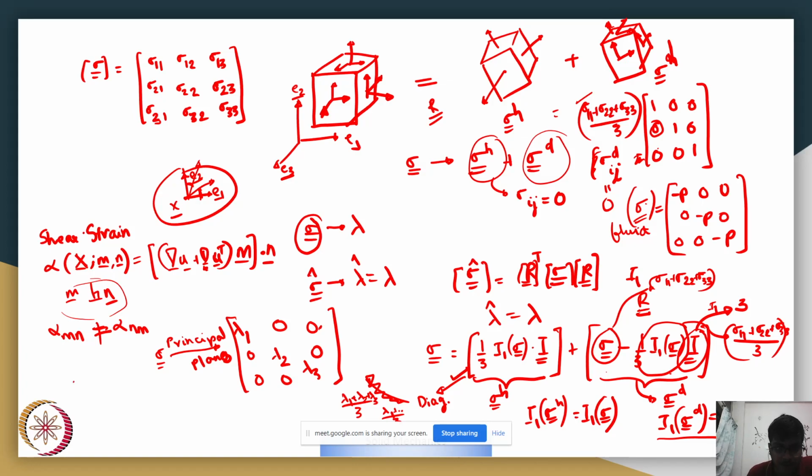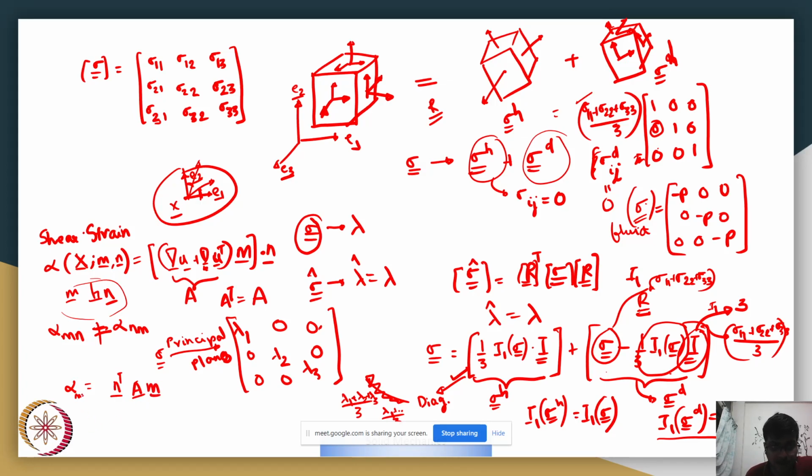If I label this as A, you can clearly see that A transpose is nothing but A, so A is a symmetric matrix. This dot product can be written as n transpose A m.